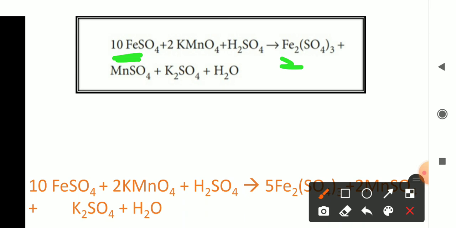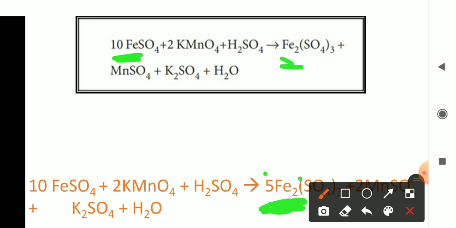Then how to balance this? How to convert this 2 into 10? When this is multiplied by 5, it will be equal. So in front of this Fe2(SO4)3 you have to write 5. Now 5 into 2, 10. So in the reactant side also 10 iron atoms, and in the product side also we will have 10 iron atoms. Okay, so the oxidized species is balanced.